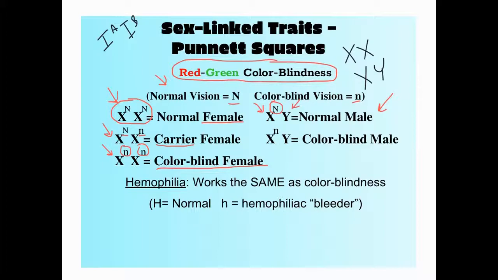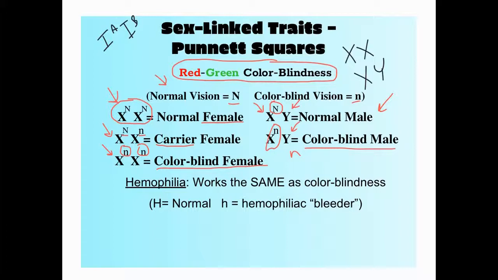So there is no N when it comes to the Y. For a male to be colorblind, it's all determined by the mom. If the mom gives that colorblind allele, the dad gives the Y, which does not even have an N with it. So the males, it's basically you get 1 shot.